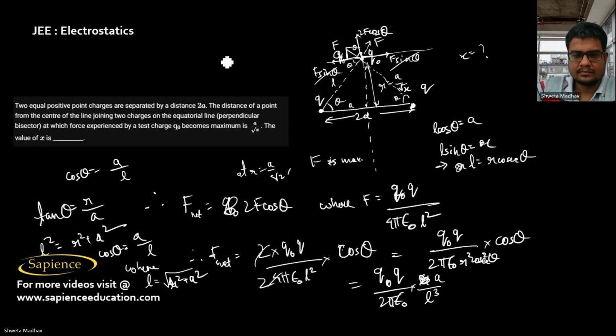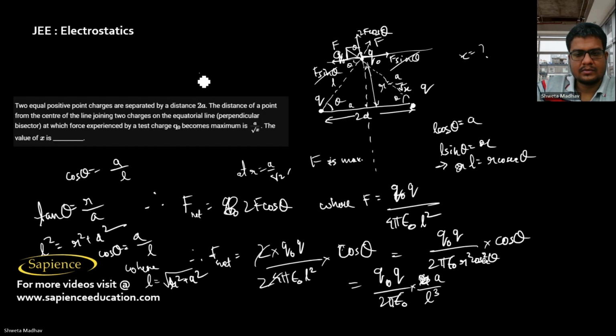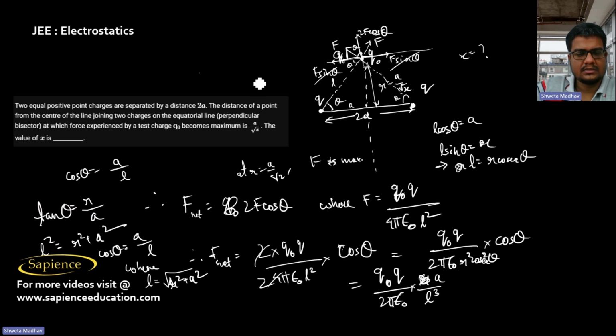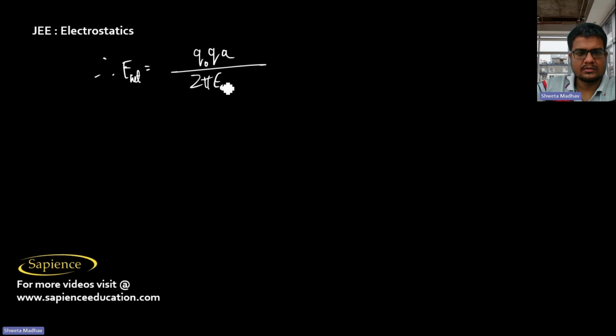Therefore, the net force acting is equal to q0 q a by 2 pi epsilon naught into L cube. L is root over r square plus a square. So it is r square plus a square whole power 3 by 2.